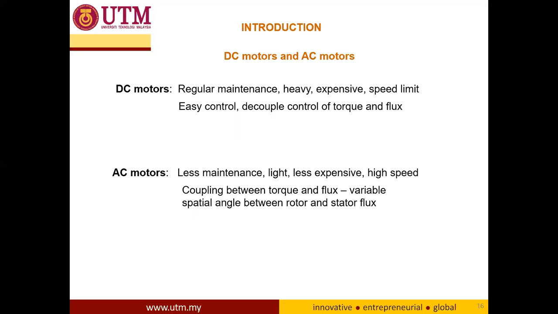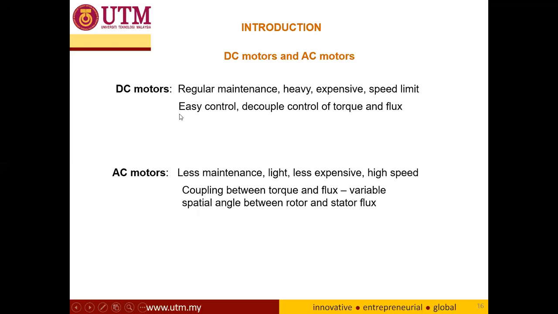So these are the advantages and limitations of the DC motor and AC motor. The DC motor needs regular maintenance, because it has a carbon brush. In terms of structure, it is also very heavy, expensive, and the speed is very limited.